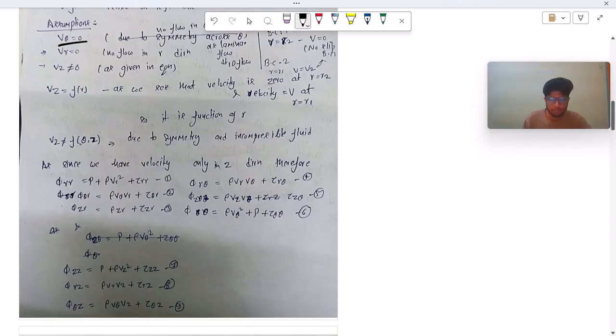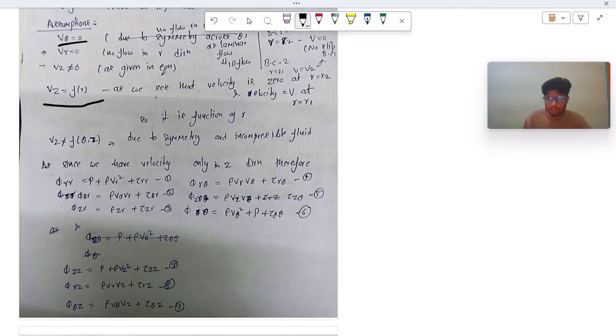As we know, when our cylinder is moving in the z direction, we have symmetry across theta. Due to symmetry, there is no variation of velocity in the z direction with theta. Similarly, as this is an incompressible fluid and we neglect all the end effects, there is no velocity variation in the z direction. So there is only variation in the r direction.